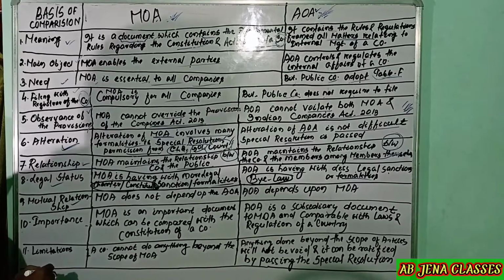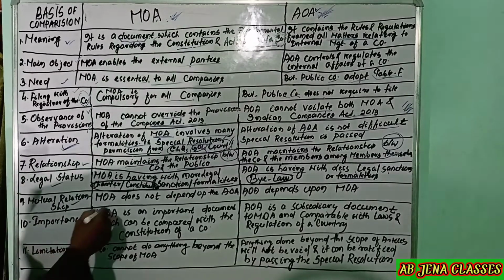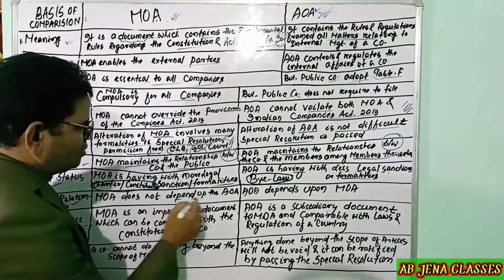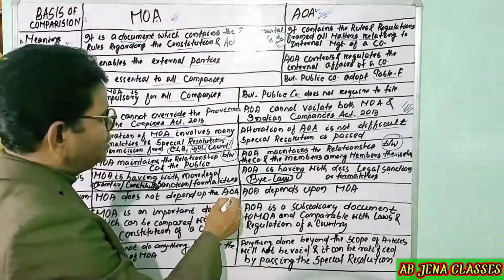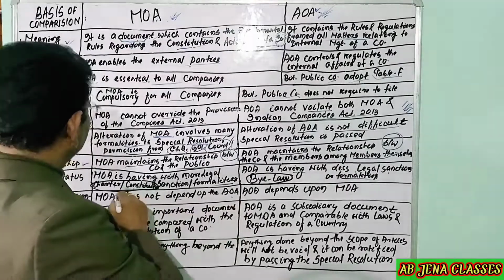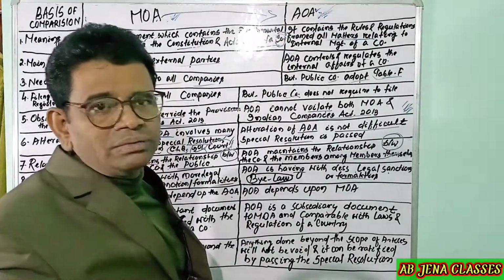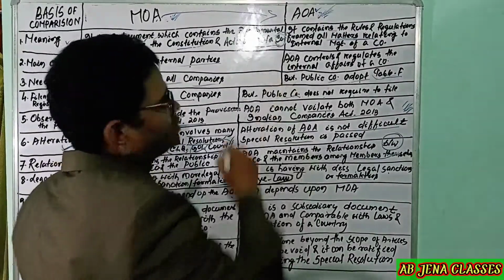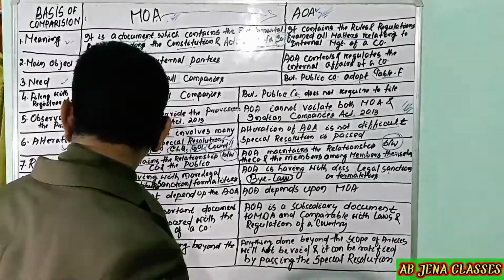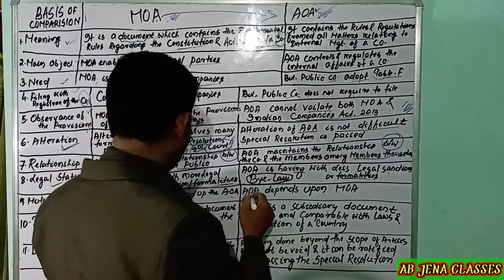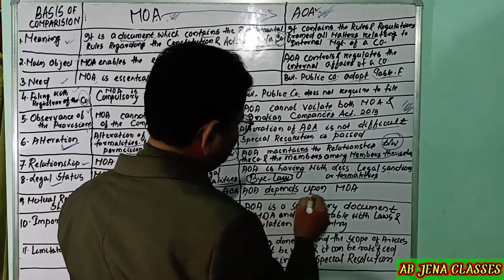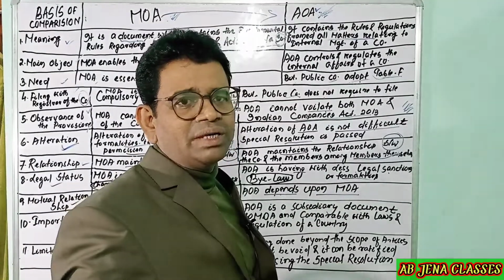The Memorandum of Association does not depend upon the articles of association, whereas the articles of association depend upon the Memorandum of Association.